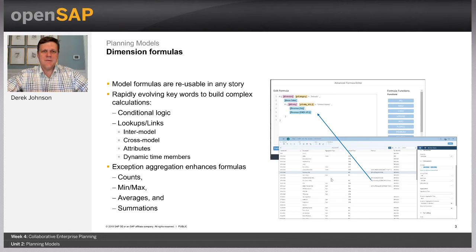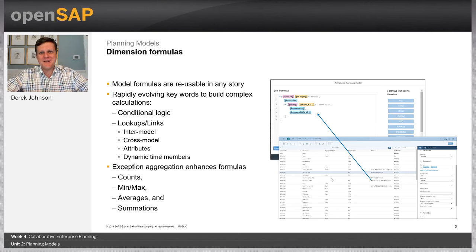So in addition to that, we have exception aggregation, and this is really a way to add some additional analytics into your data as well. And so some of the key things that we can do is counts, min, max, averages, summations.